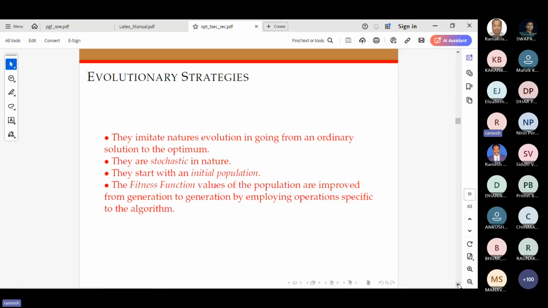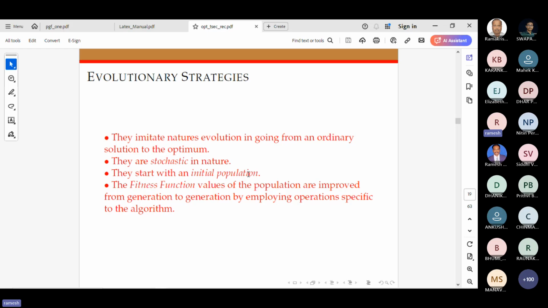So all of them start with an initial population. This is the difference between starting with one point and starting with many points. This population is the initial generation, and then we do some manipulations to it to go to the next generation. In all these different strategies, the manipulations carried out on individual generations will differ. In genetic algorithms you have mathematical operators known as selection or reproduction, crossover, and mutation.